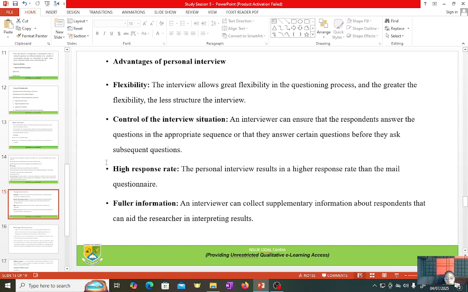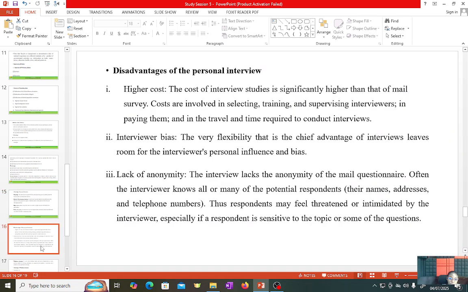An interviewer can collect supplementary information about respondents that can aid the researcher in interpreting results. The disadvantages of personal interview, as we looked at earlier, are higher cost, lack of anonymity, and interviewer's bias.